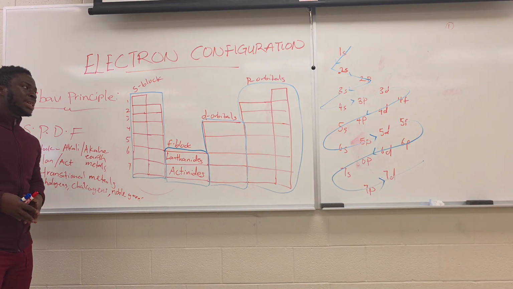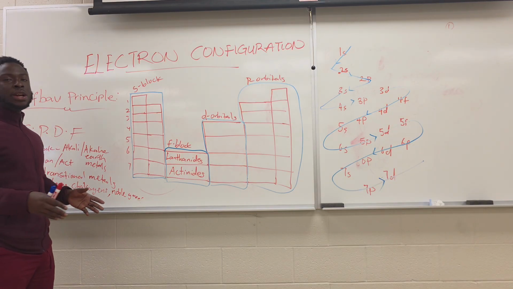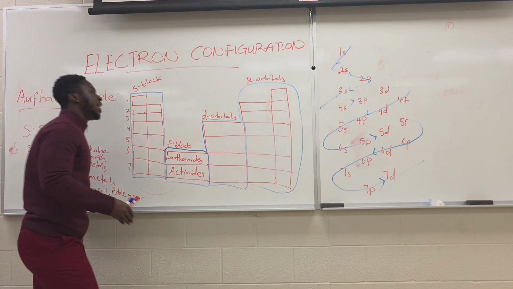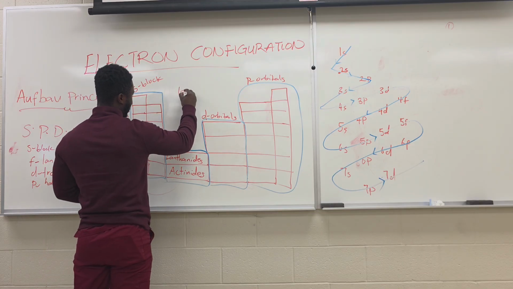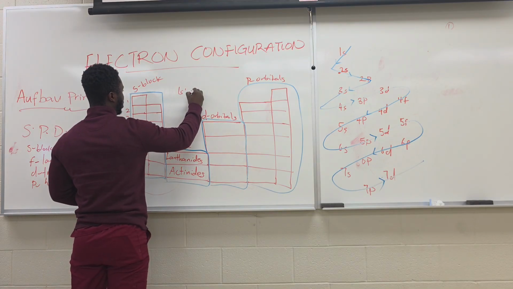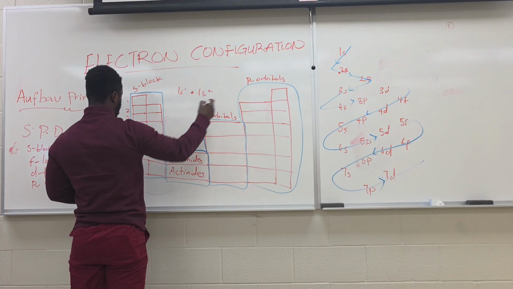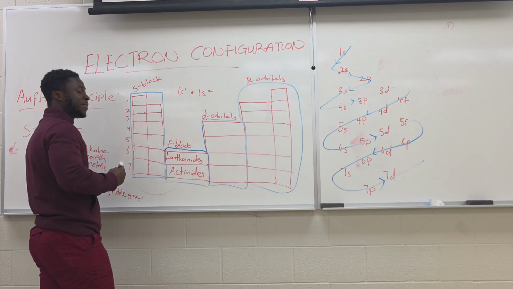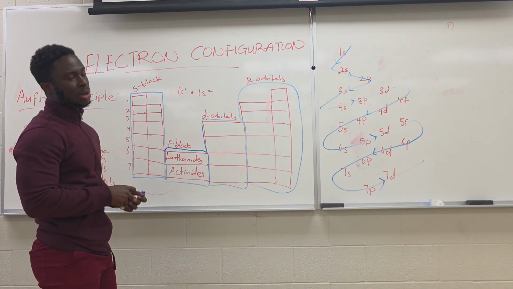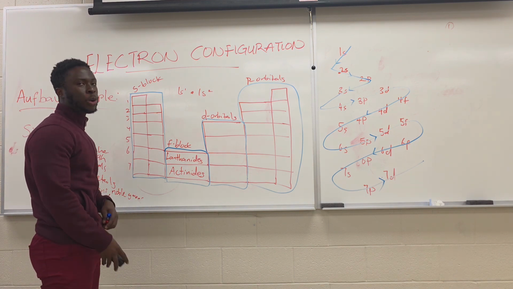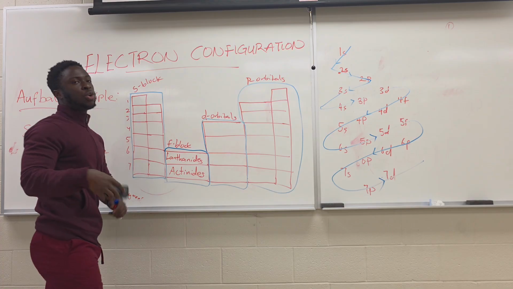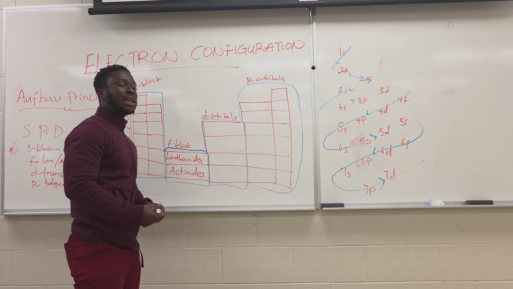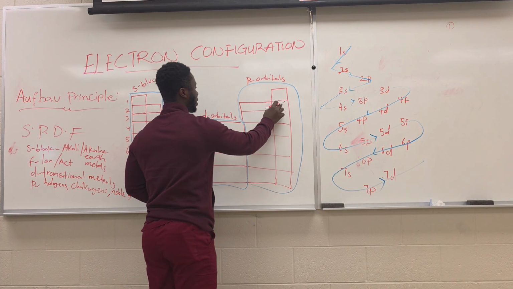So if you are representing an electronic configuration, anywhere except hydrogen and helium, where their electronic configuration is just 1s1 and then 1s2, respectively. English is not my first language, guys. Respectively, right? For all other electronic configurations, you can take the noble gas, right?